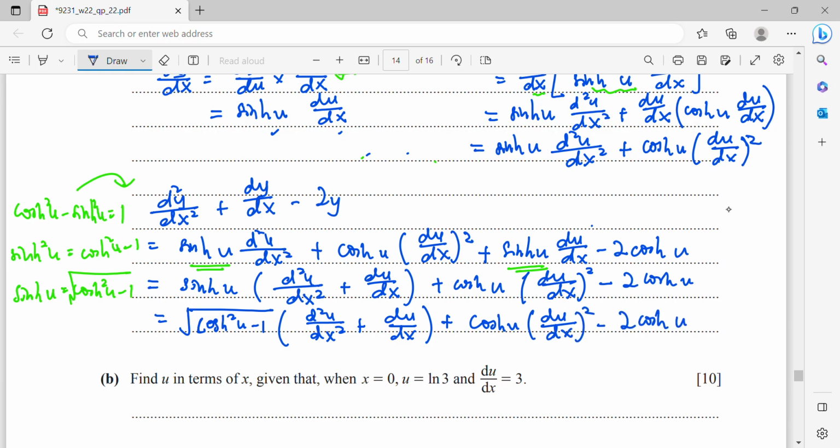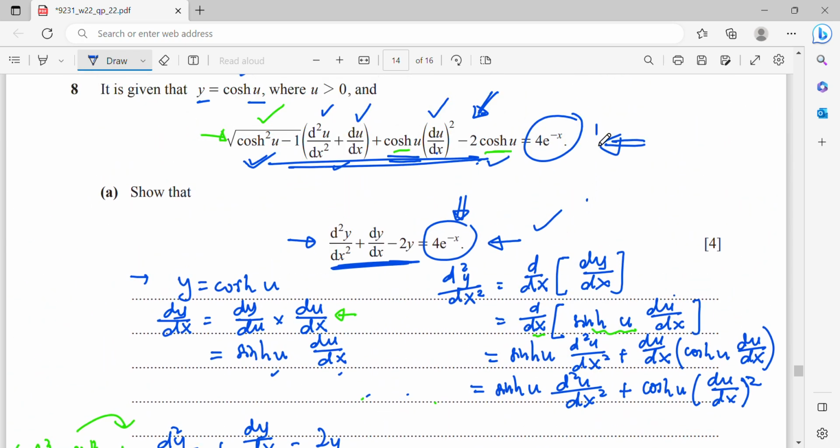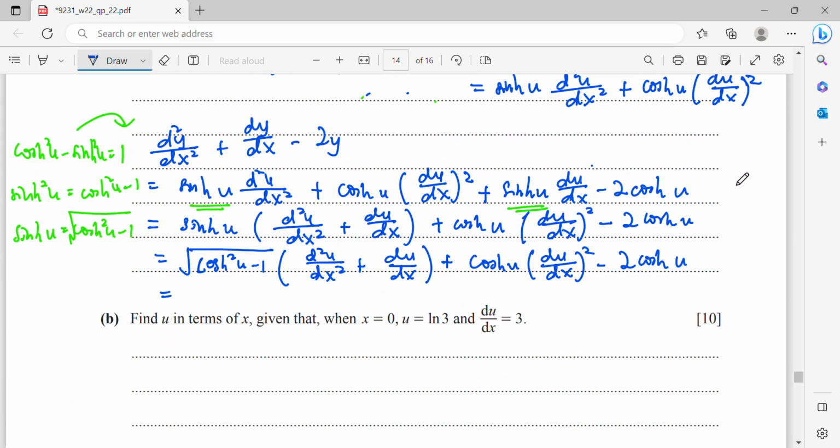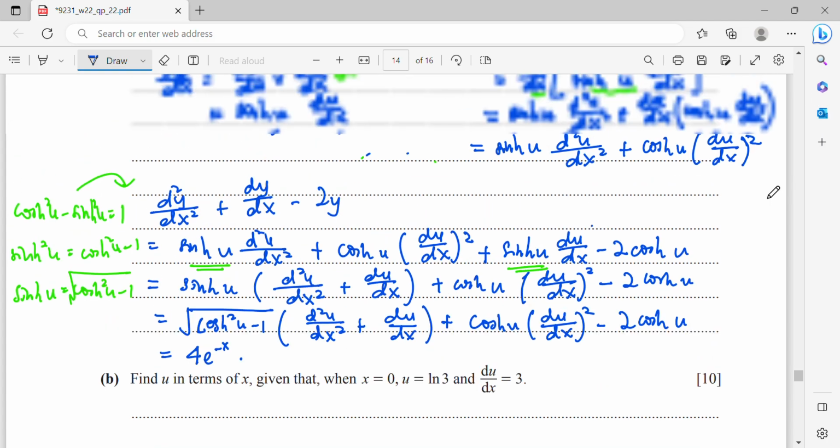Therefore, it is the same as the given expression. Then I will easily change to 4e^(-x). Right? So this is how we solve part A.